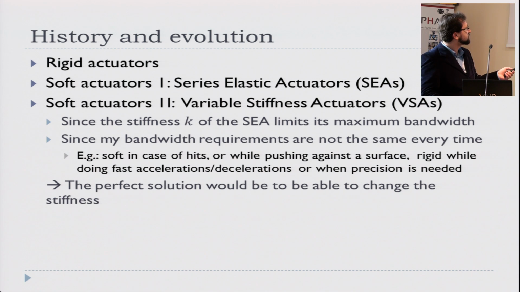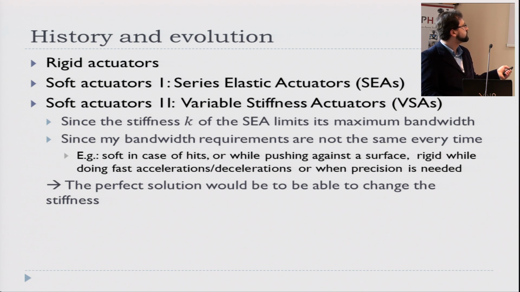So, as I was saying, the motivation behind the development of this is that the stiffness limits my bandwidth, and my bandwidth requirements depend on the application. For example, they can be low when I have hits, and so I want to absorb inputs, but they could be high when I want precision or when I want fast acceleration and deceleration.